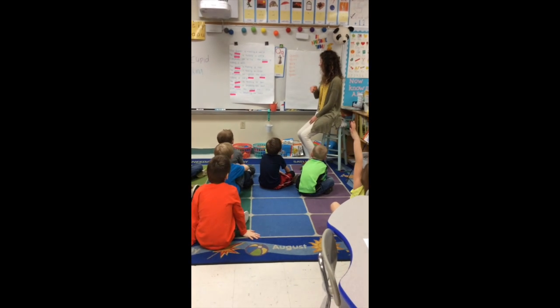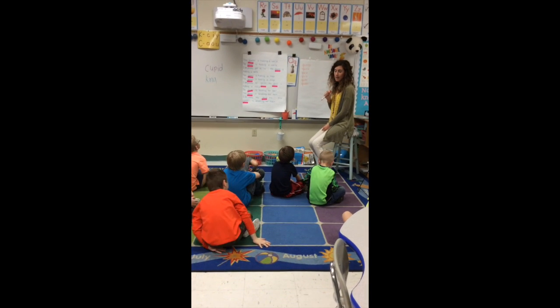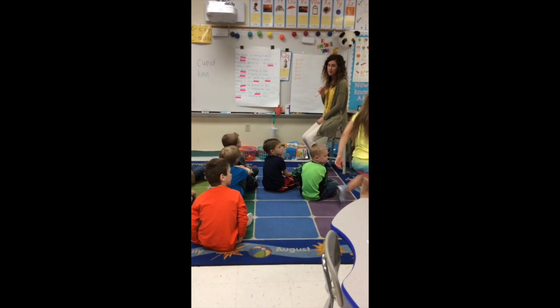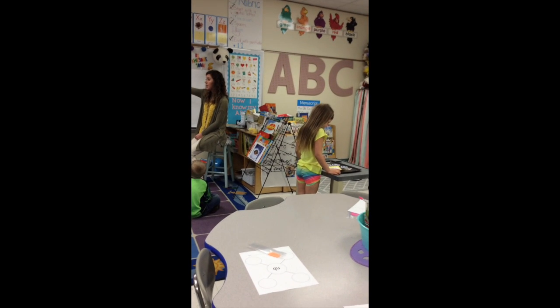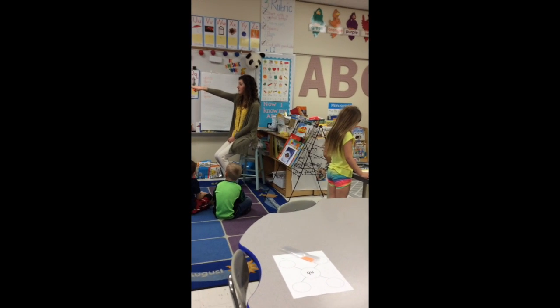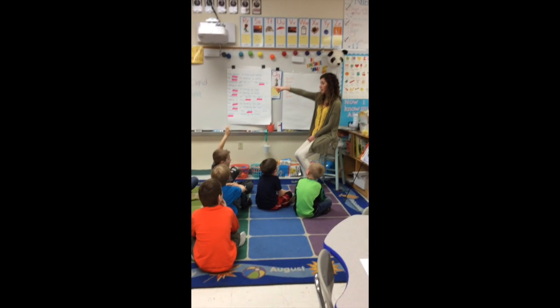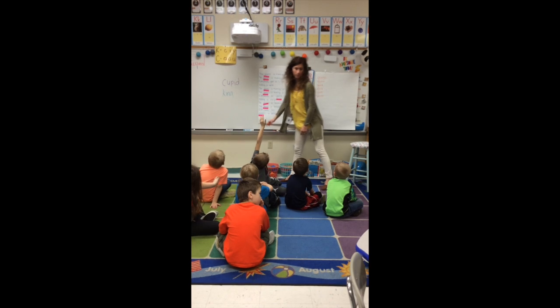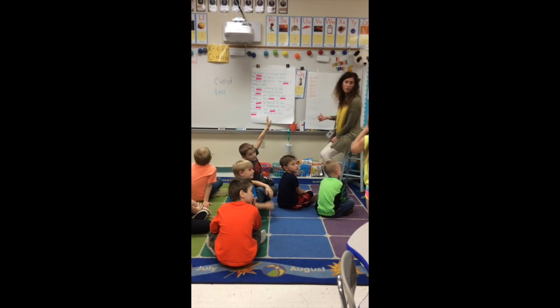Oh, we just got that one. Chloe J, go ahead and go look at the tray and see if you can find something. Keegan? Cute. Okay, cute is just like Cupid. How did Cupid start? Look on the board. How did that start? C. Yep. Did you find something? What'd you find? Question.